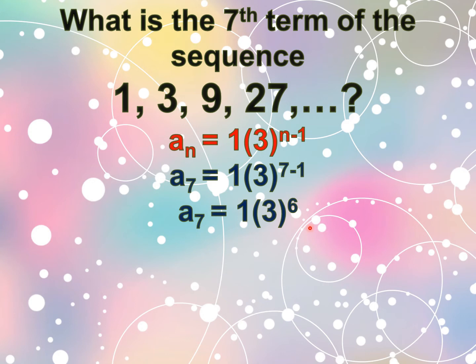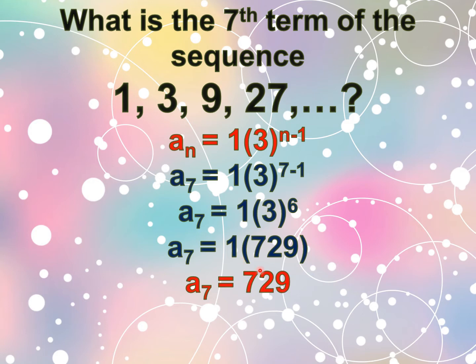And the sixth, 243 times 3, is equal to 729. So, 3 raised to 6 is 729. When you multiply it by 1, the answer is still 729. So, in short, our a sub 7, or our 7th term, is 729.